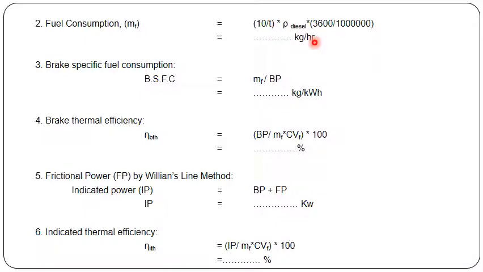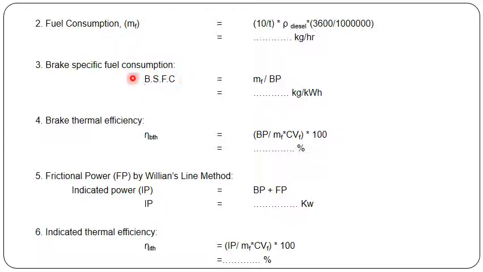We need the value in kg per hour, so we multiply by 3600 to convert seconds to hours, and once you multiply by density, meter cube per hour is converted to kg per hour. In this way we obtain fuel consumption.